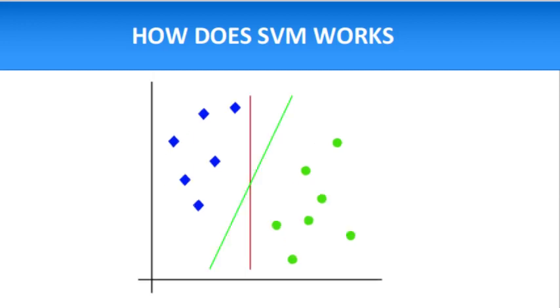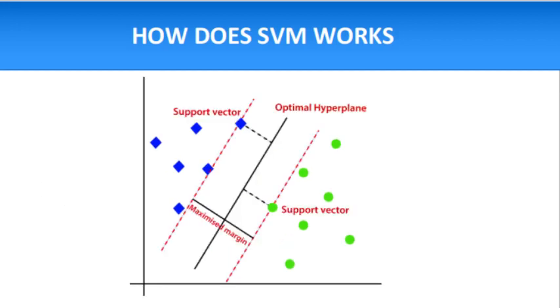Since it is a two-dimensional space, by just using a straight line we can easily separate these two classes, but there can be multiple lines that can separate them. In that case, the SVM algorithm helps to find the best line or decision boundary. The best boundary or region is called a hyperplane.